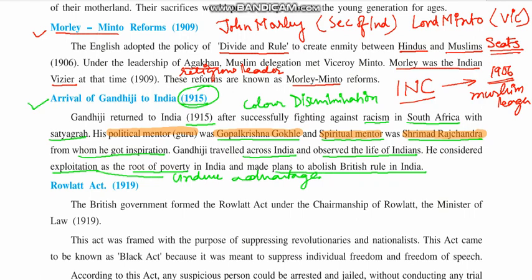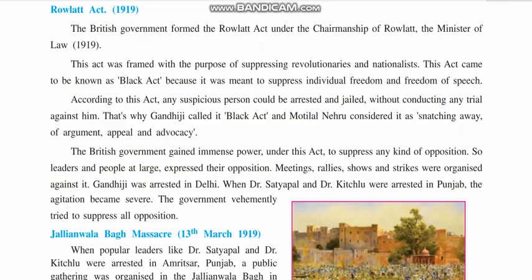Next comes the Rowlatt Act, 1919. The British government formed the Rowlatt Act under the chairmanship of Rowlatt, the Minister of Law. Rowlatt was the Minister of Law of Britain at that time.